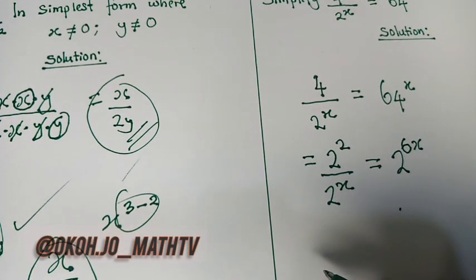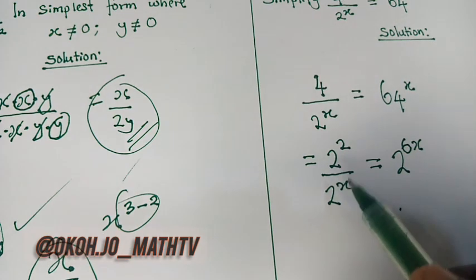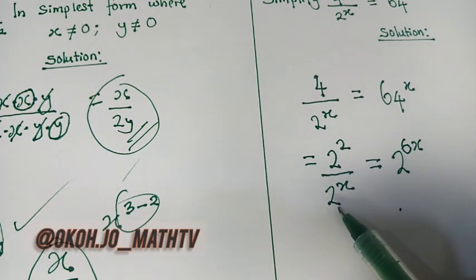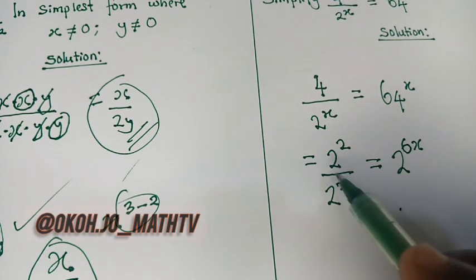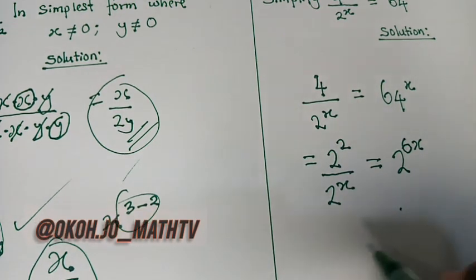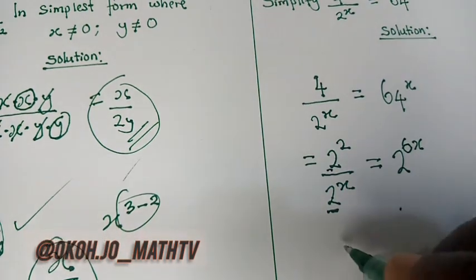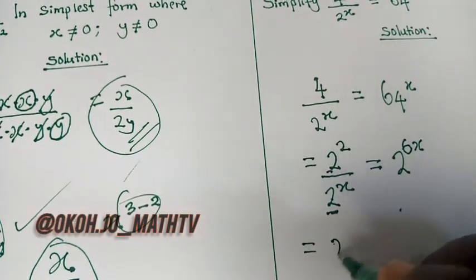Now in the law of indices, it is important to note that when you're dividing a number with the same base, the law states that we should subtract the power, or the exponential. So pick one of these bases, which is either this 2 or this 2. So we have that to be equal to 2.